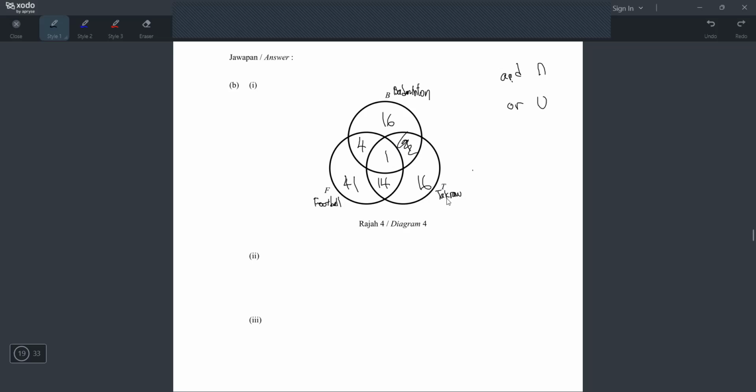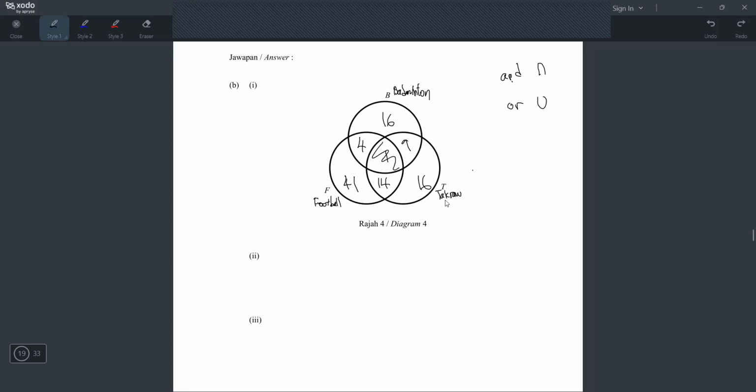Badminton and takraw only. The word only is very important. What about here? Badminton and football. What about here? Badminton and football only. Once again, here what? Football and takraw. What about here? Football and takraw only. Very important.